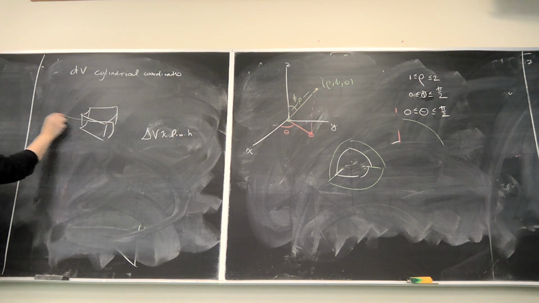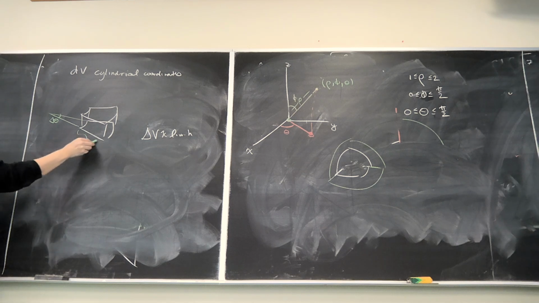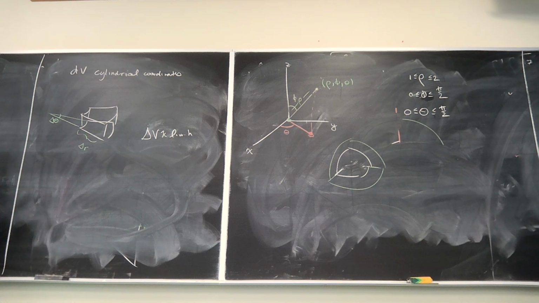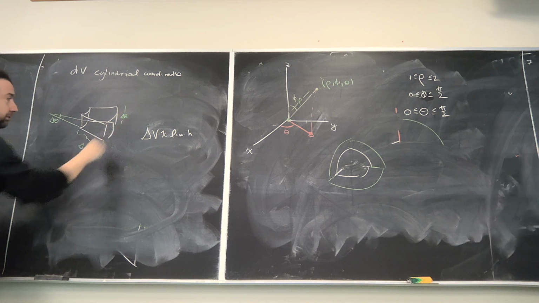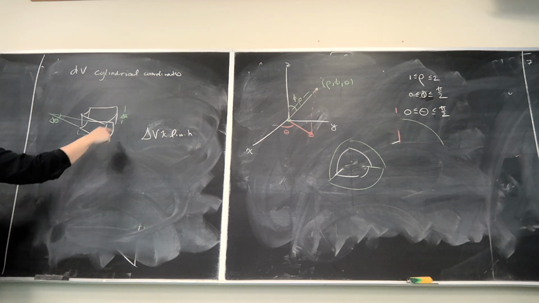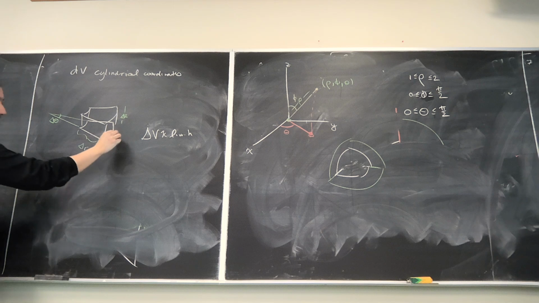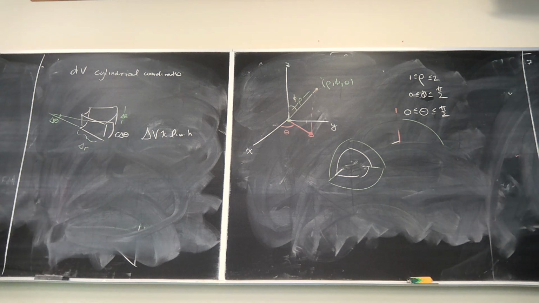And somewhere out here, there was a delta theta that told us that that little angle was delta theta. This was supposed to be a tiny change in radius. This bit right here was supposed to be a little bit of change in height. And then we calculated, or at least I argued, that the length of that side out here was r delta theta, because that was the formula for the length of an arc on the outside of a circle.